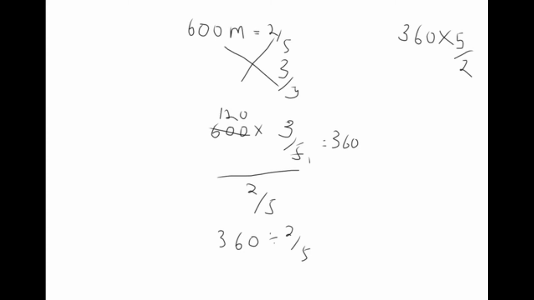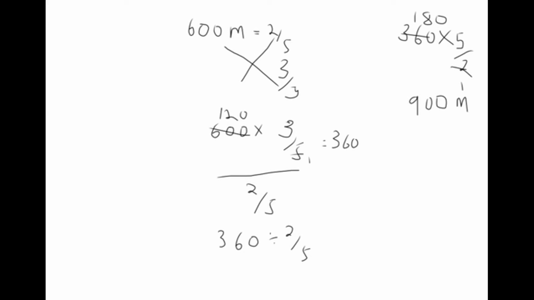We simplify. 2 divided by 2, 1. 360 divided by 2 is 180. 180 multiplied by 5 is 900 meters.